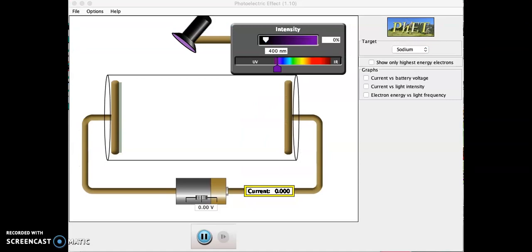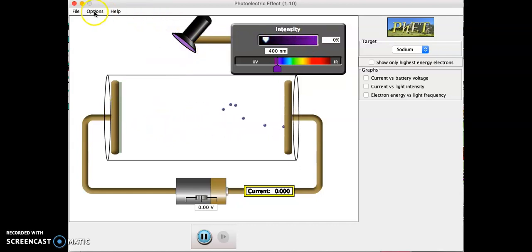So I'm going to use this simulation to help you picture brightness or intensity of light. Even though it's not the same simulation experiment you were using, I like this one because it shows you that intensity is not only the brightness of the light, right? In this case, the light is impacting the metal, and the metal releases the electrons.